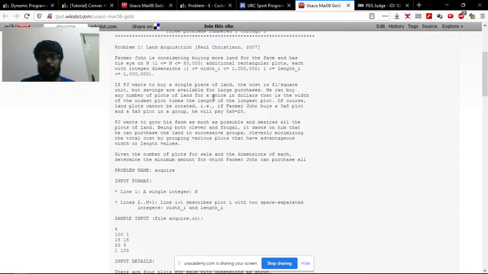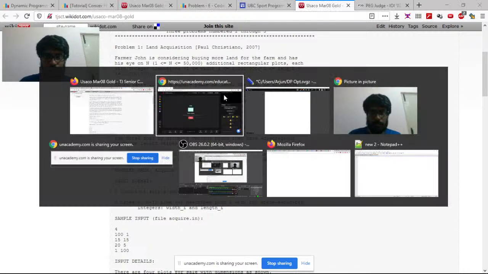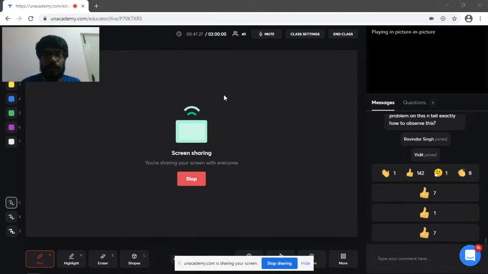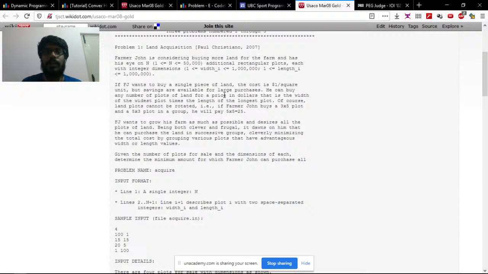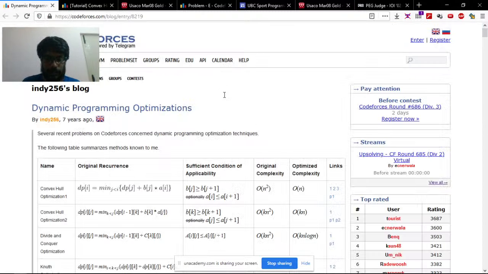Now there's this interesting cost function, which is that you want to buy. Basically, maybe I should give the link of these things. I should have actually done that earlier. Let me paste these links.